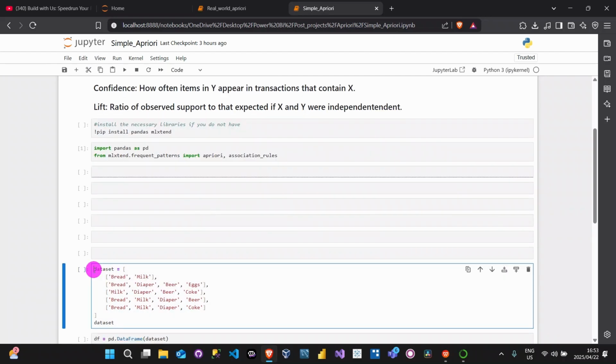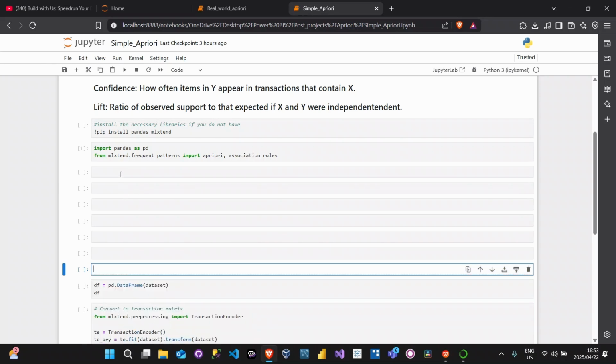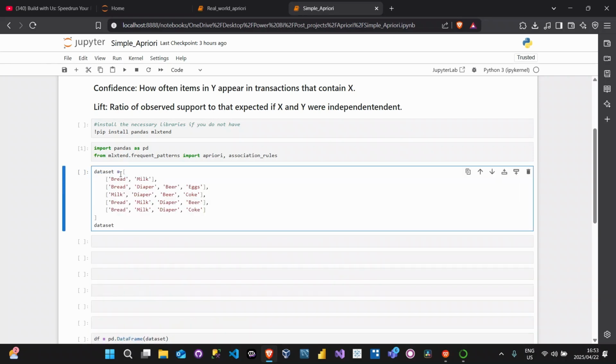I'll name my dataset. If you know your Python, we're just creating a list from which we then create a data frame. For each observation, we're creating a certain combination of goods within that list. Our first customer in this instance buys bread and milk.